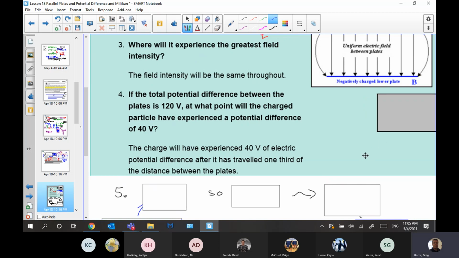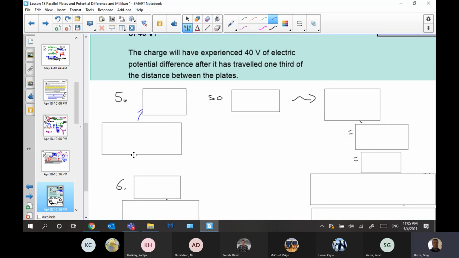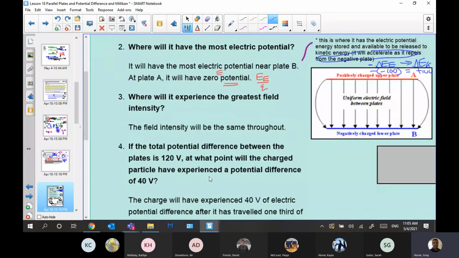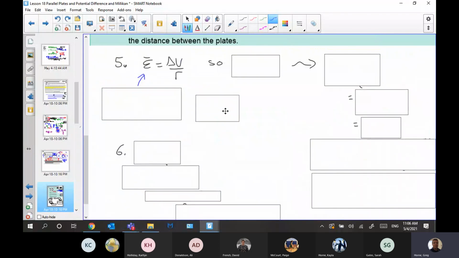So that's all good. Now this question number 5 says if the distance between the plates is reduced to half the original value, and the resulting electric field is 65. What I'm saying in my solution is that we know that electric field intensity depends on the distance between.